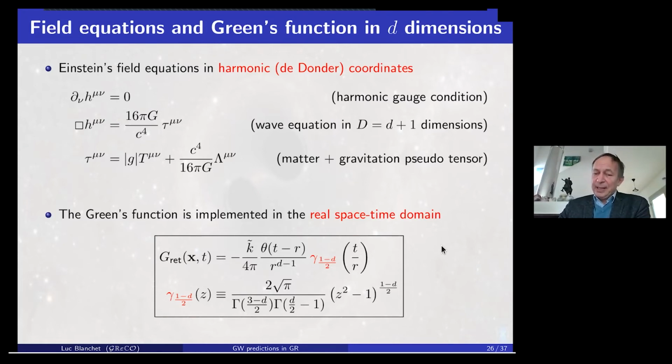But here, we shall use the Green's function in the ordinary real space-time domain. We don't use the Fourier domain representation of the Green's function, as our colleagues from effective field theory use, using the diagrams that are computed in Fourier domain. So in our work, we use the Green's function in the real space-time domain, and you may recognize in this Green's function this function, which is just actually the Minkowskian interval.